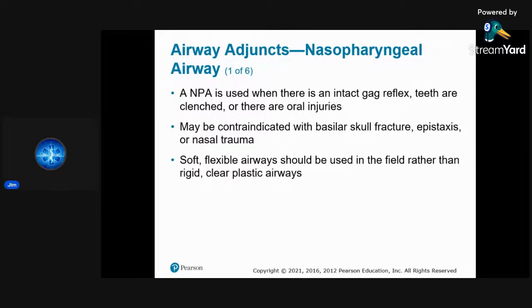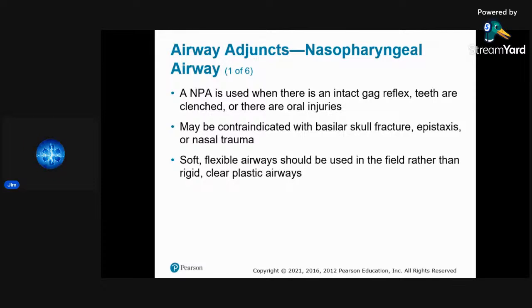Now, with the basilar skull fracture, that's a fracture at the base of the skull. And the old theory is that we can actually advance this nasal airway into the fracture area and do damage to the brain. However, there's no evidence as of right now of that, and I know they're doing research, so this may change later on.